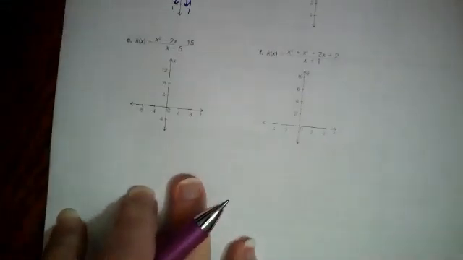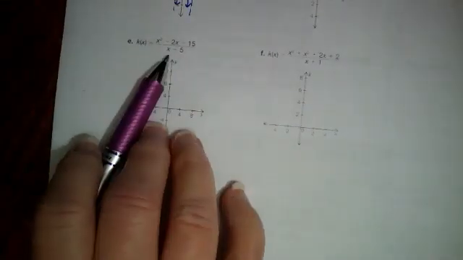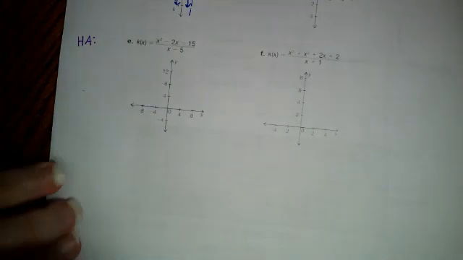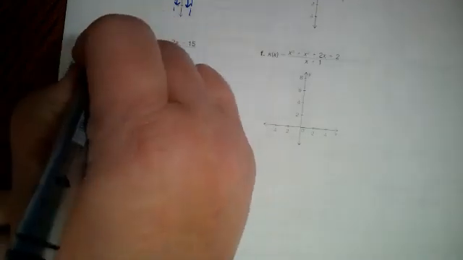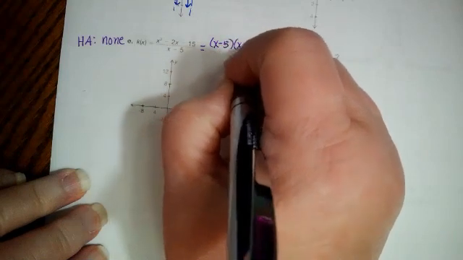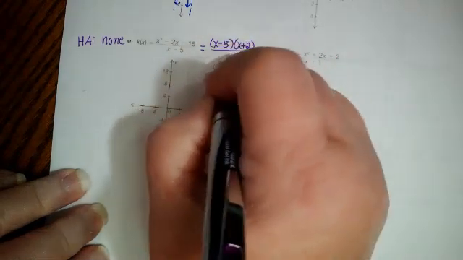So here we go. This one, if we're looking for a horizontal asymptote, notice that the larger power is on the numerator. And we had one that's bigger on top. There was no horizontal asymptote. Now we need to factor to see if there are any holes. So x squared minus 2x minus 15 is x minus 5, x plus 2.